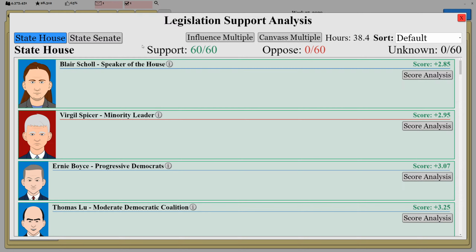The voter ID law just came into effect, and now everyone's gonna support it. So I can't help but support it anyway.